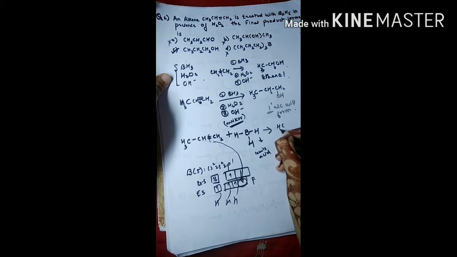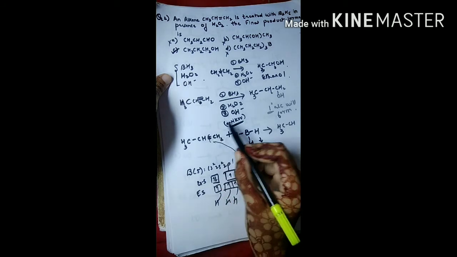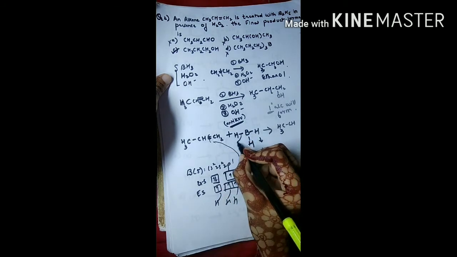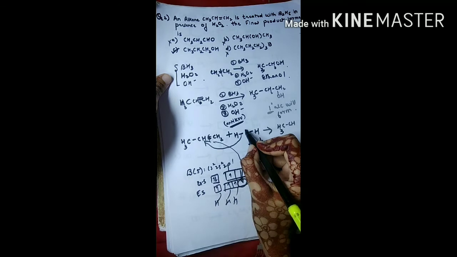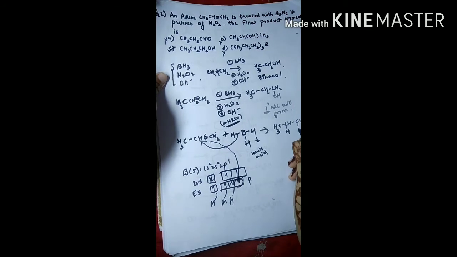So students, here the attack will happen and hydrogen will move toward one carbon atom and simultaneously BH2 will move toward the other carbon atom, and the process is happening very fast. That's why the carbocation is not possible here.